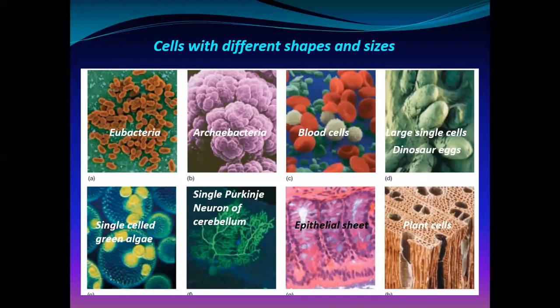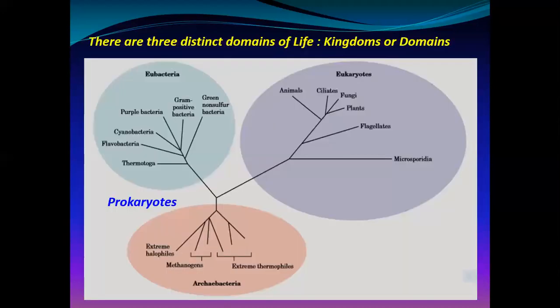This is the Purkinje neuron of the cerebellum, how it looks. That is again a single cell. And then you can see the epithelial sheet, how these epithelial cells are stacked together in an epithelial tissue. And then some of the plant cells also. I have shown you that to differentiate those cells from the animal cells. Okay, so cells with different shape and size.